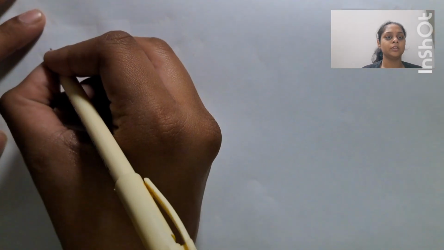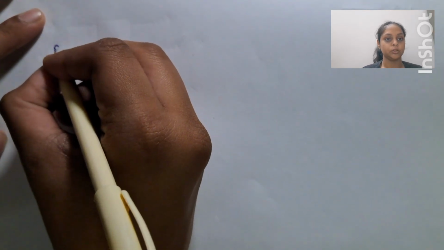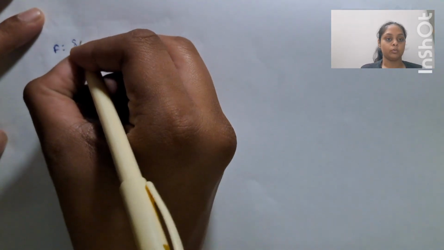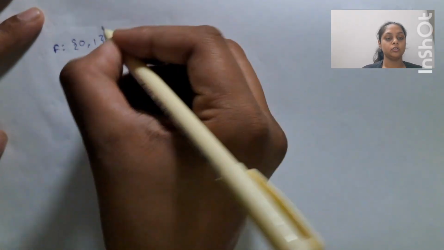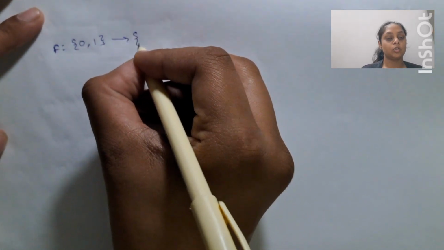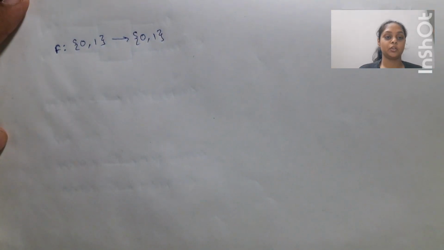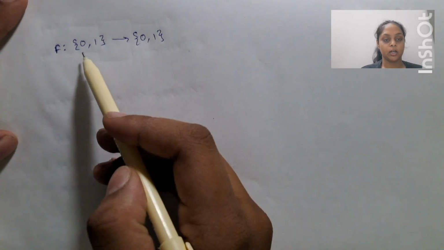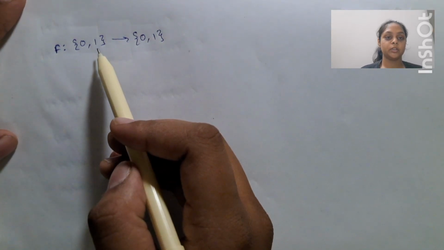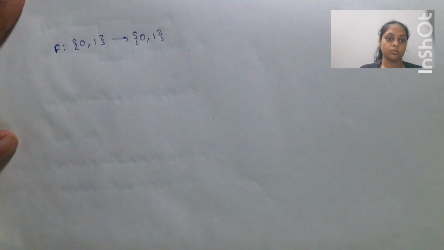The definition of the Deutsch algorithm is given as f: {0, 1} gives {0, 1}. Here the function f takes a single bit as input and yields a single bit as output. Either it can take 0 or 1 and yield 0 or 1.